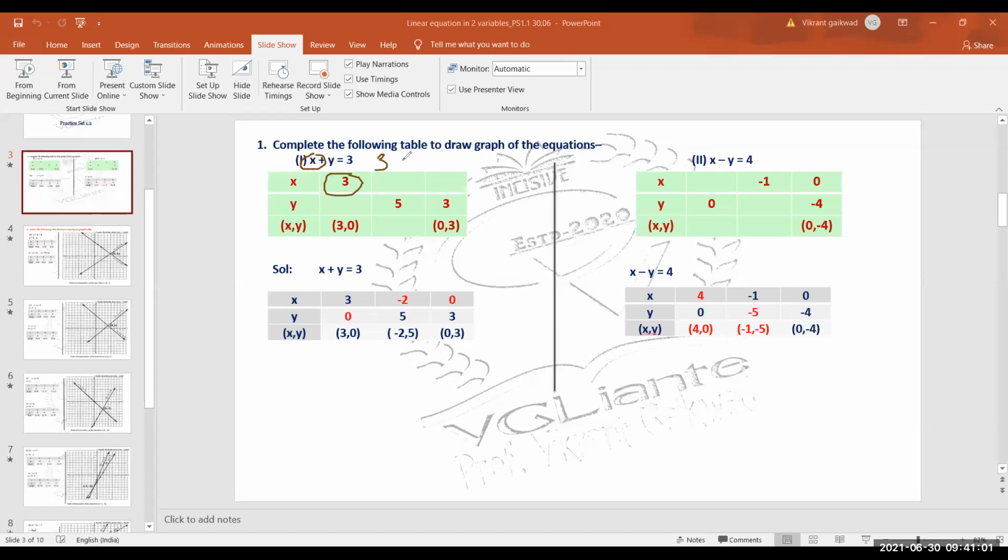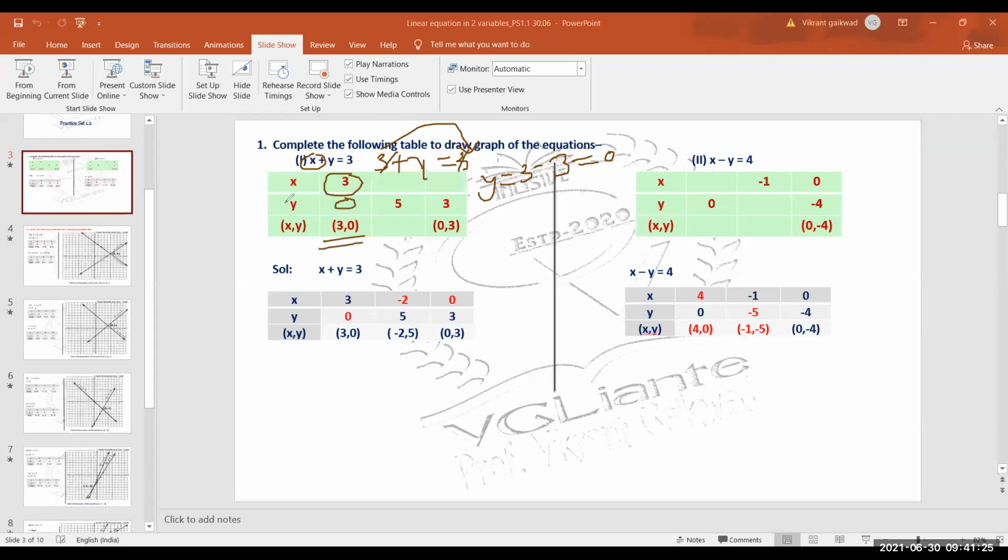So that is 3 plus y equals 3. The 3 on the opposite side, you can cancel it off, or when 3 goes to the other side, it becomes minus 3. So y equals what? 3 minus 3. That is equal to 0. We'll get the point 3, 0.